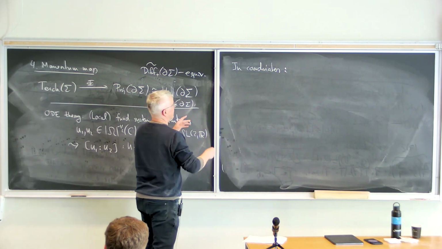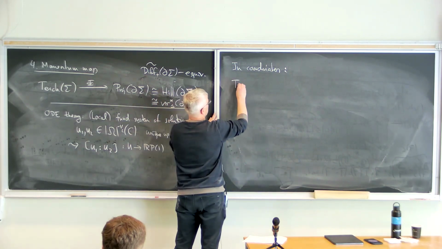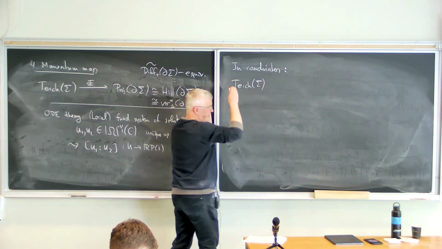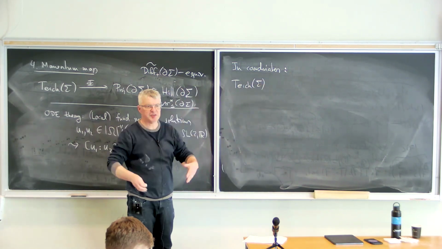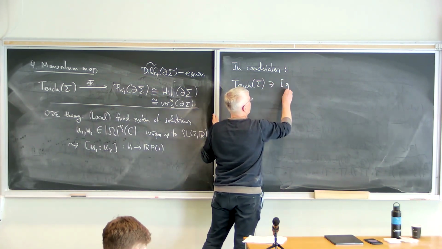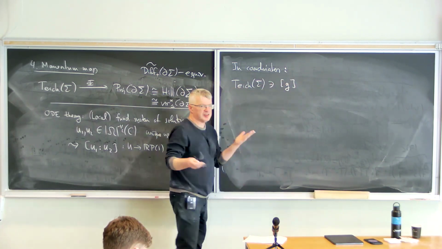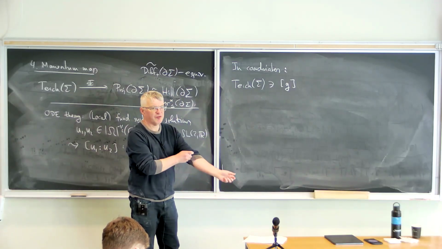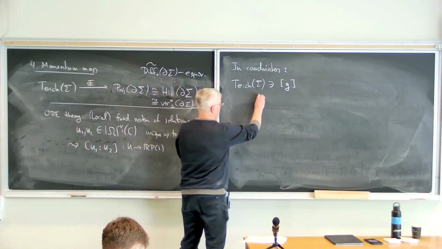We have some element of our Teichmüller space, this hyperbolic metric, an equivalence class of some metric that blows up like 1 over y squared near the boundary.